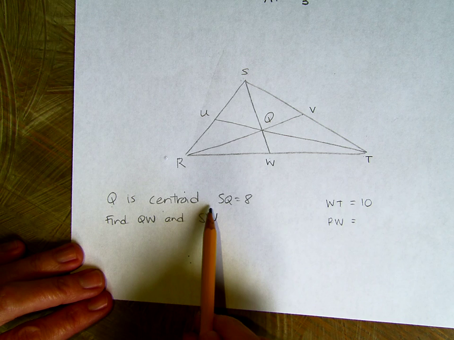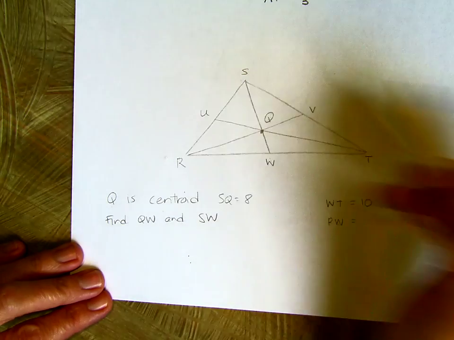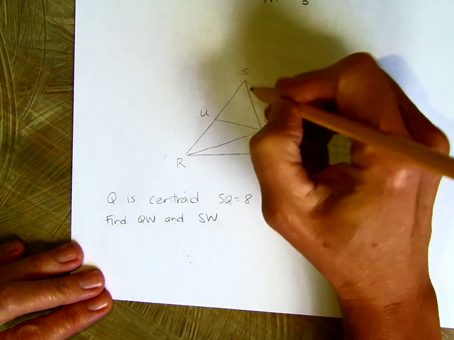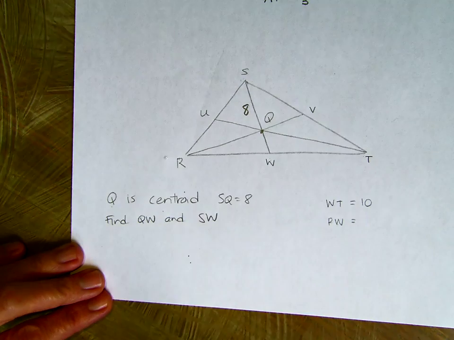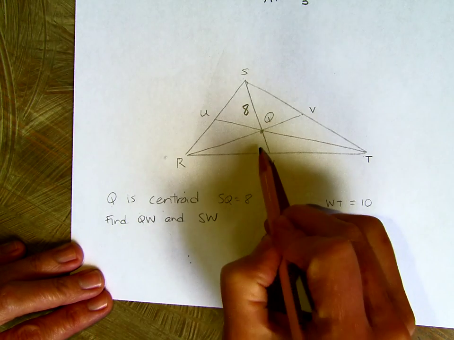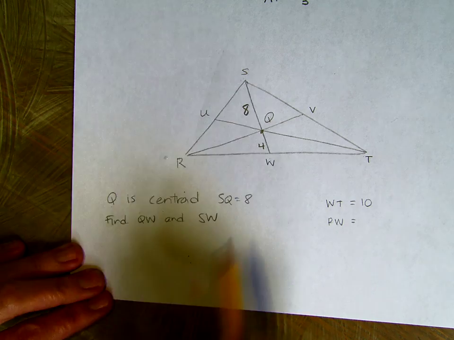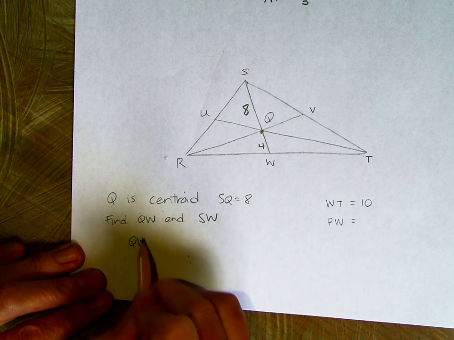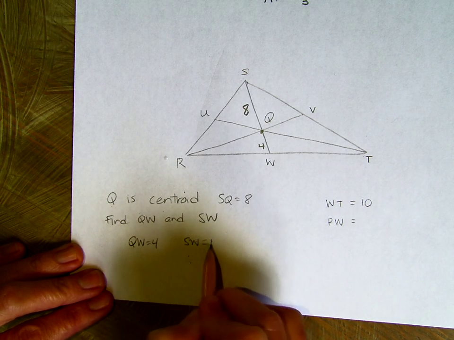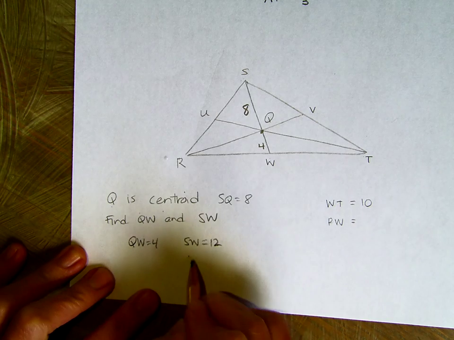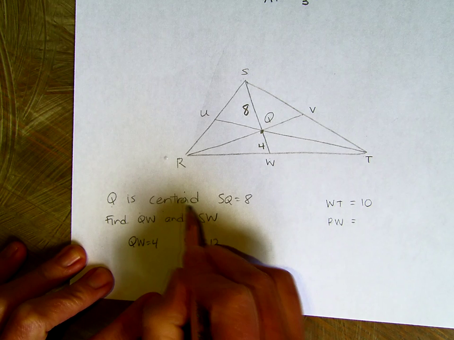So here's a problem where Q is the centroid. We're told that Q is a centroid, and that SQ is 8. What must QW be? I just did that kind of. That has to be 4. So QW equals 4, and SW must be 12.